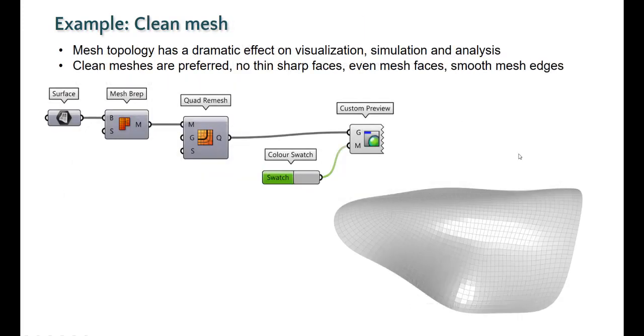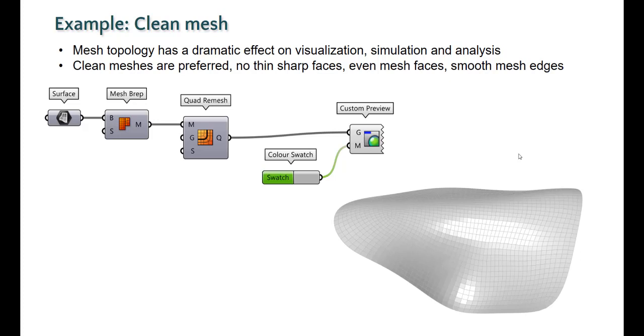So let's see if there's examples that we can clean a mesh. And so there's some actually new tools that are available in, I can't remember if Rhino 6 has this or just Rhino 7. But there's a tool called Quad Remesh, which is amazing. It works really great.